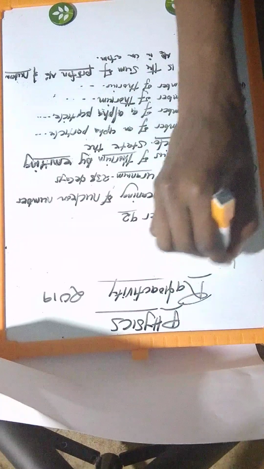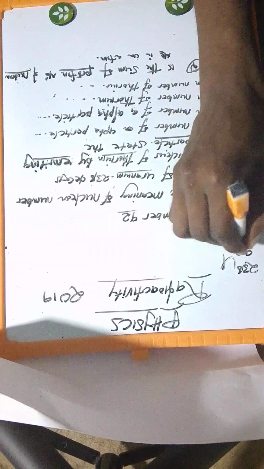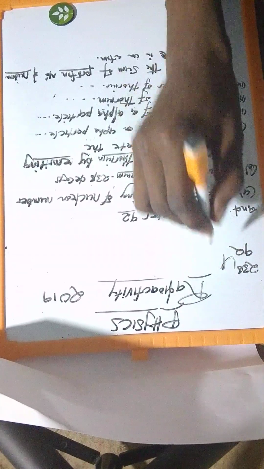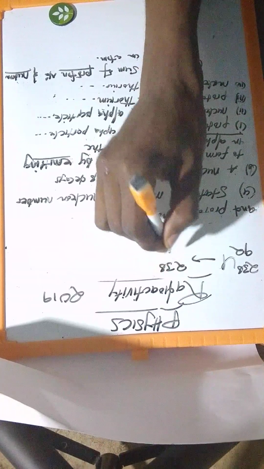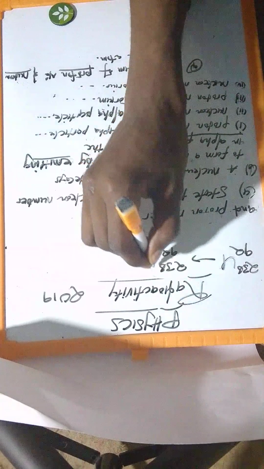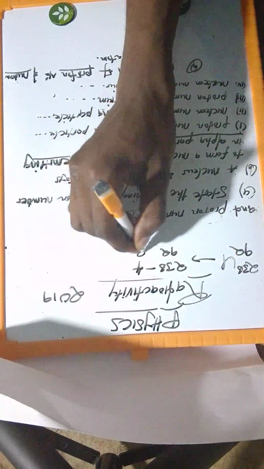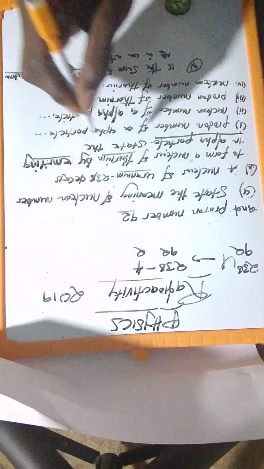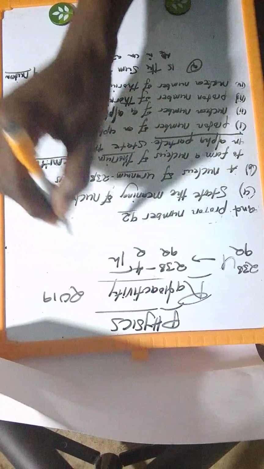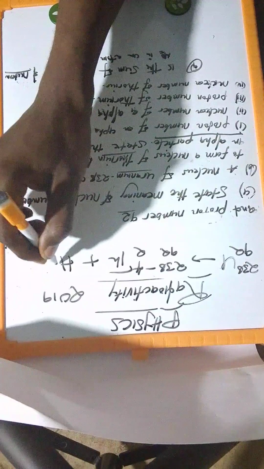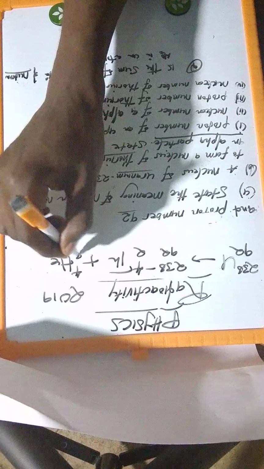So uranium 238, 92 will decay. Since we have 238, then we have 92, we said the mass number will reduce by 4, then the atomic number by 2. So they have said thorium will be produced. So we know the symbol for thorium is this one, then plus the alpha particle, like that.